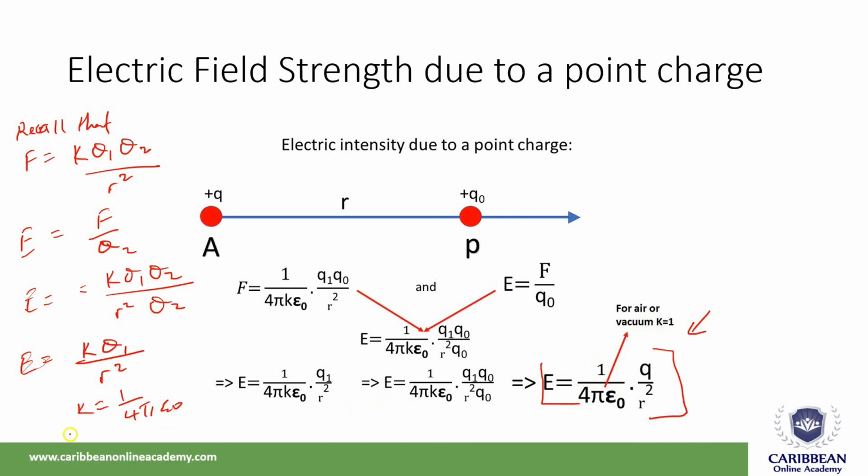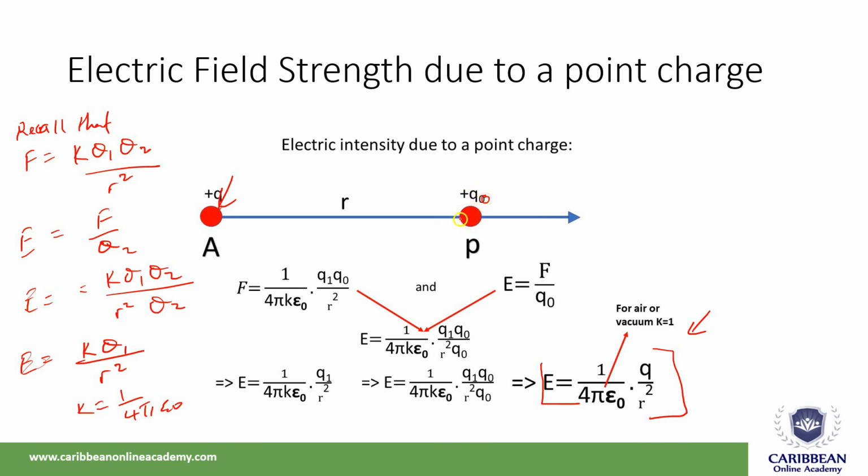So note this equation that says E, which is the electric field, is the electric field strength due to a point charge. If I have this positive charge here, this positive charge will induce a force on Q naught.